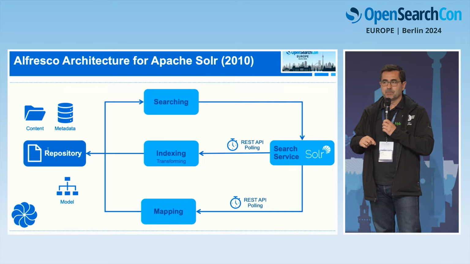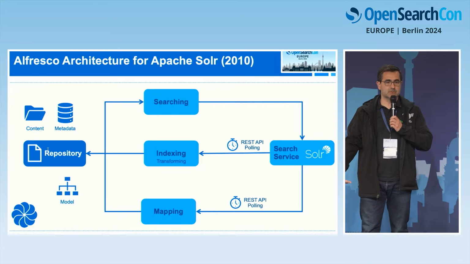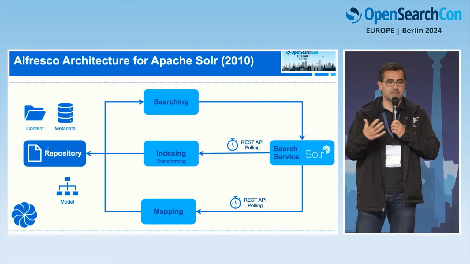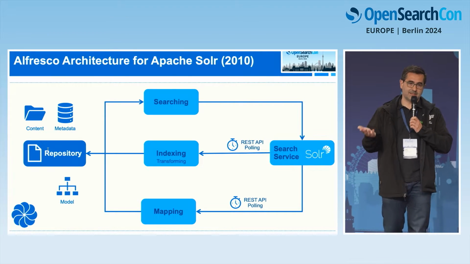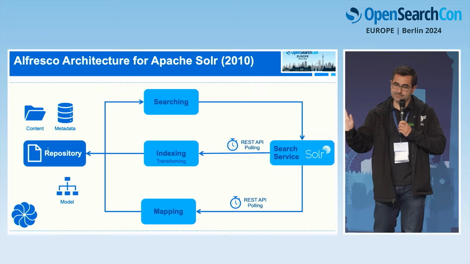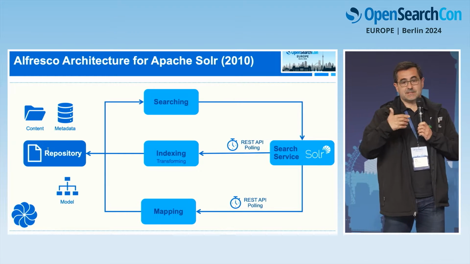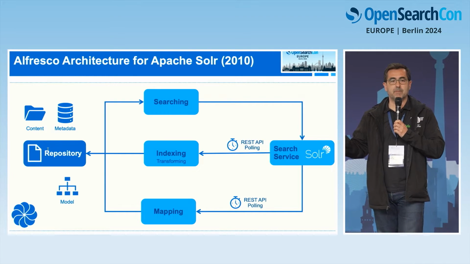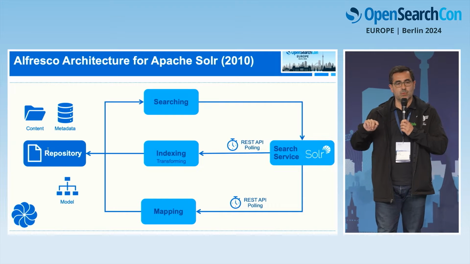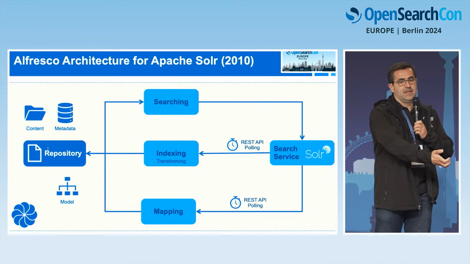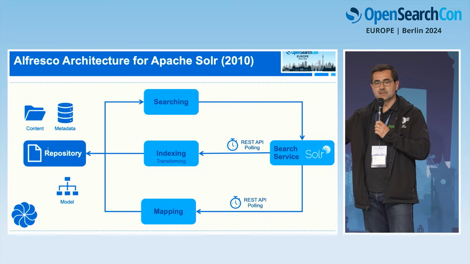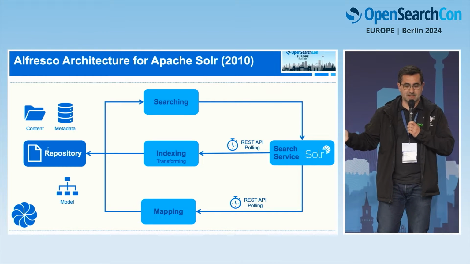The second thing is that we wanted to get some metadata from the repository to get Solr indexed. So we thought at that time, remember 2010, that the best idea should be to create a polling mechanism. We were invoking the repository via REST API, getting the data, and populating the Solr index.